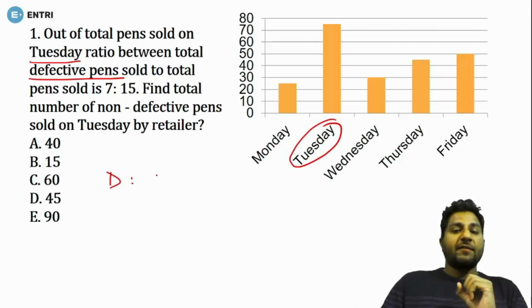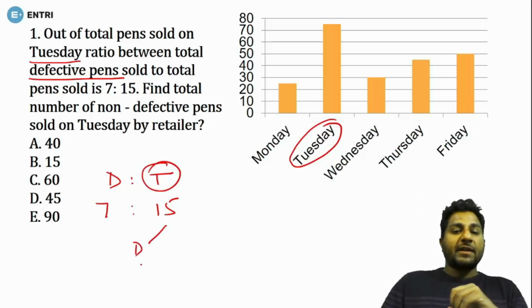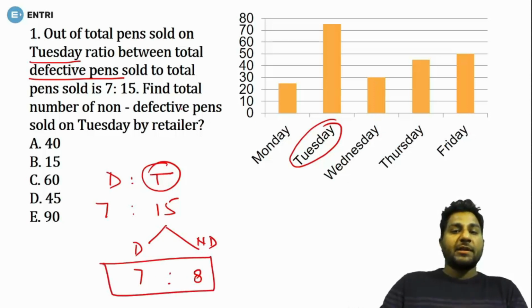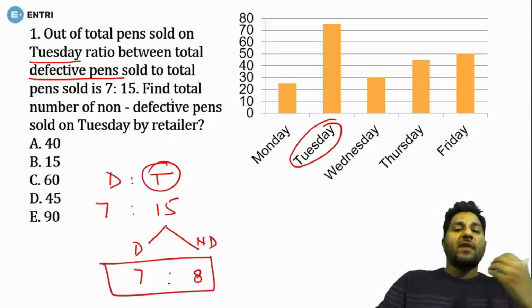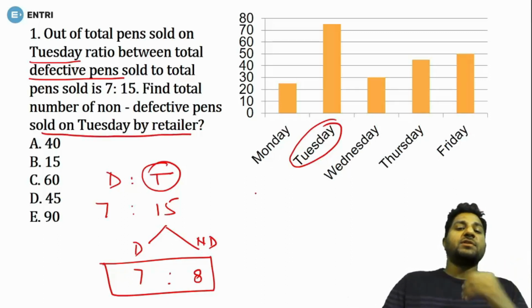So defective over total would be 7:15. That means from total we have got defective as 7 ratio, so non-defective as 8 ratio. Now they are asking to find the total number of non-defective pens sold on Tuesday by the retailer.